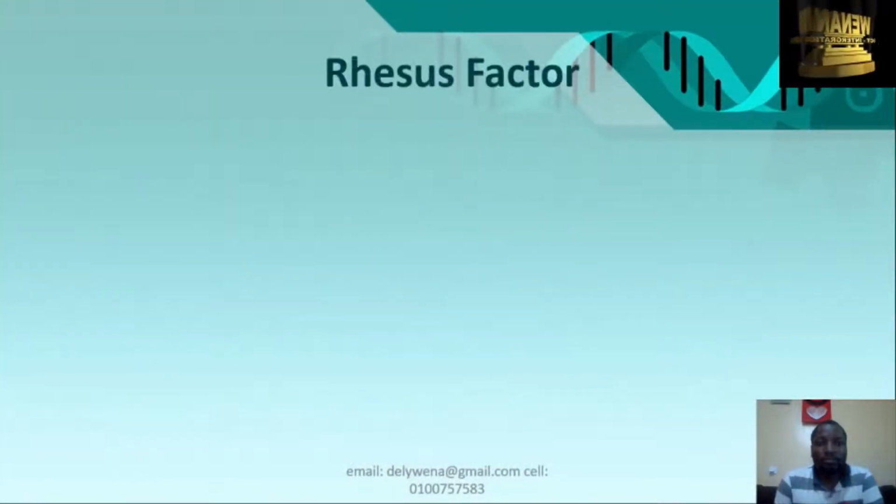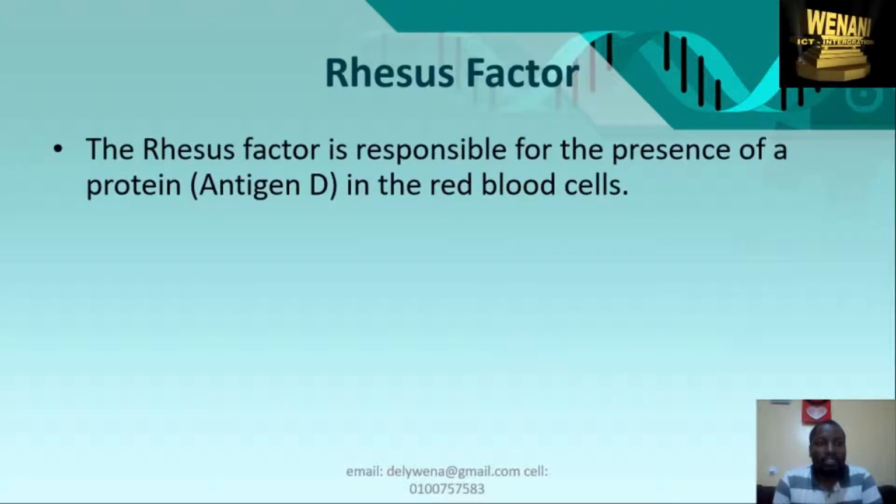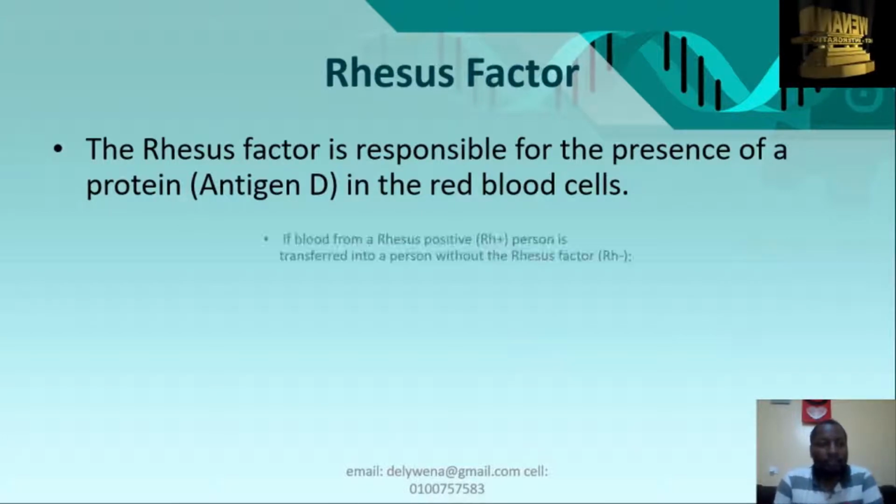So next we want to look at something else known as the rhesus factor. Apart from the ABO system on the red blood cell of an individual, there is another additional factor known as the rhesus. Now the rhesus factor is responsible for the presence of a protein, antigen D, in the red blood cells.